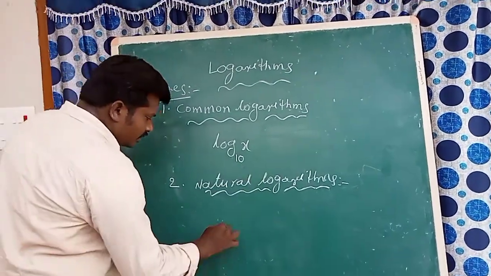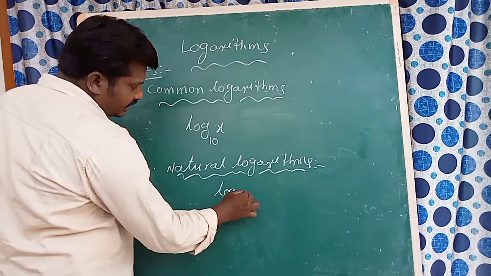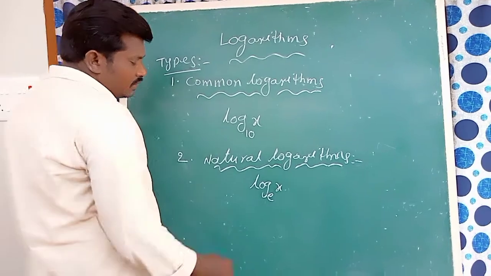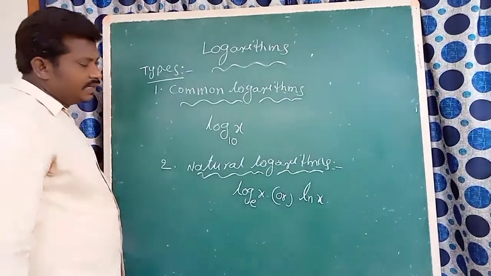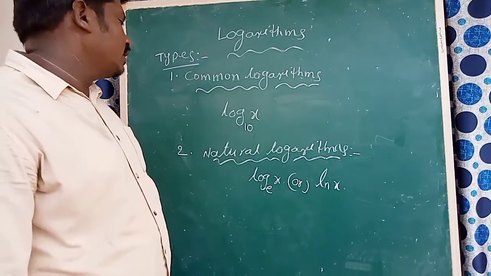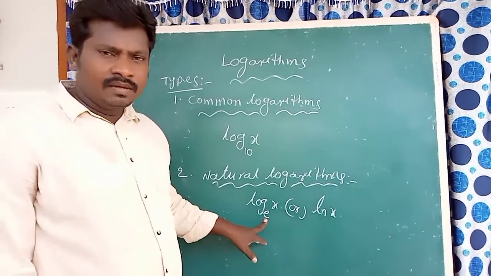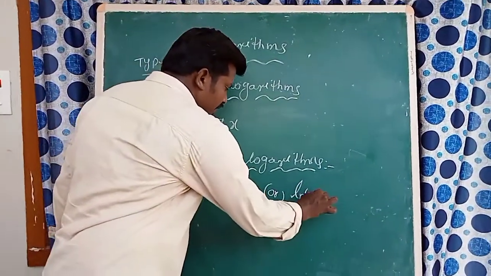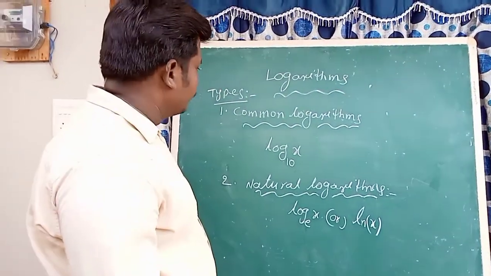Here see this, natural logarithm has base e, and x is the value of the logarithm, or it is also written as ln x. These are the two types of representations of natural logarithm. For the natural logarithm, the base is e, no change in that. Okay, so these are the two types of logarithms.